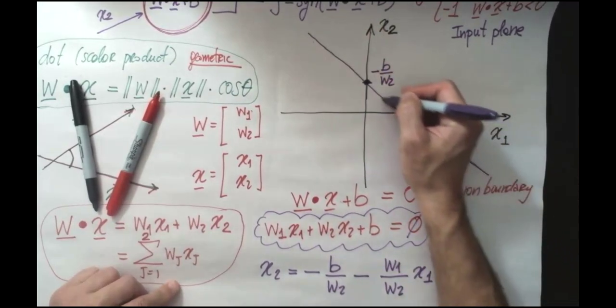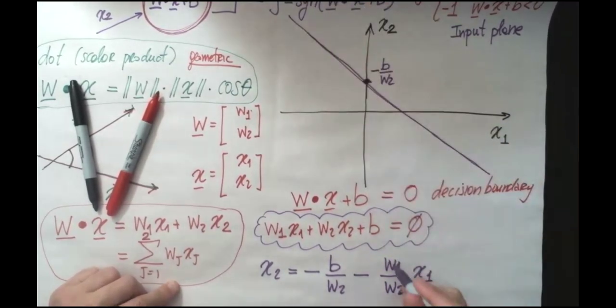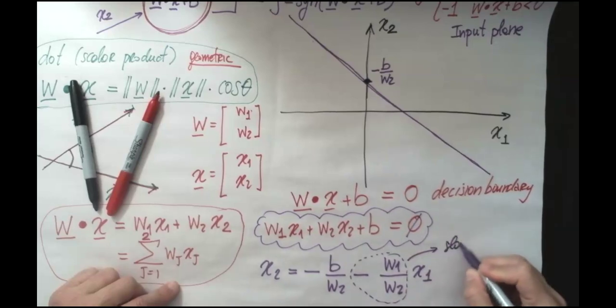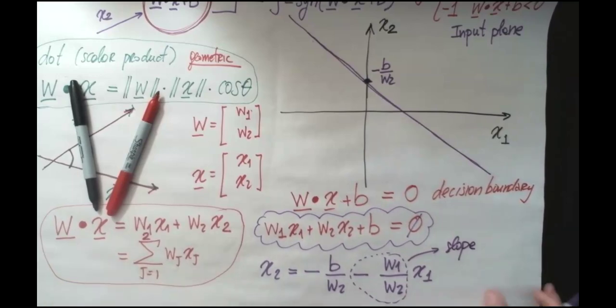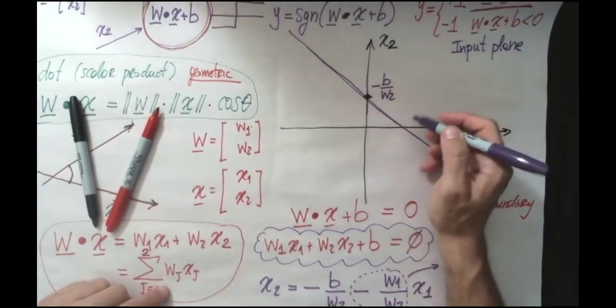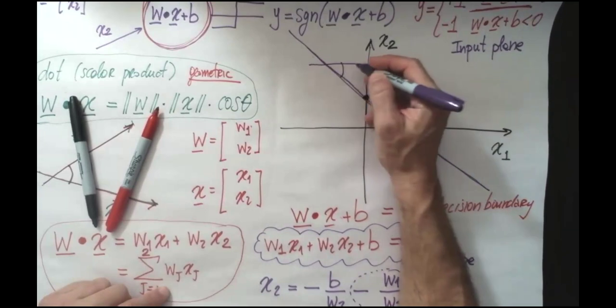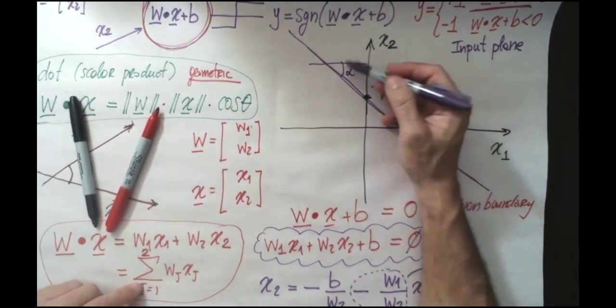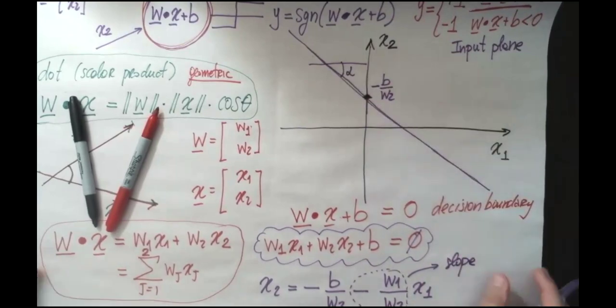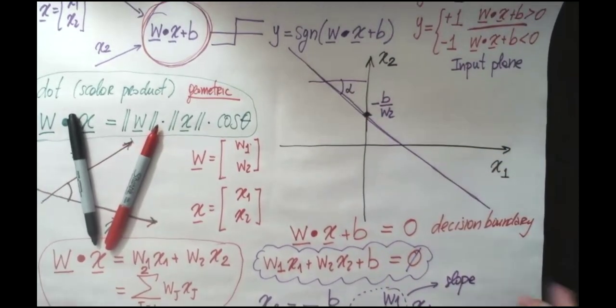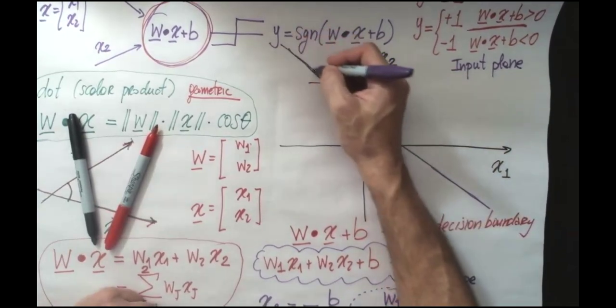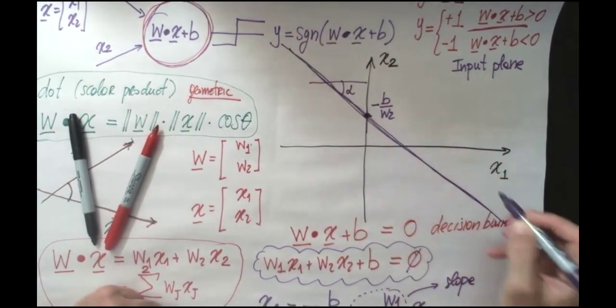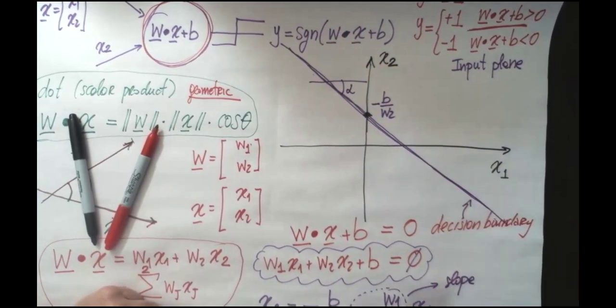And then we also know that this is the slope. And so now we can compute the tangent of this angle, which is the slope, with a sign, of course. And so this is basically the decision boundary.